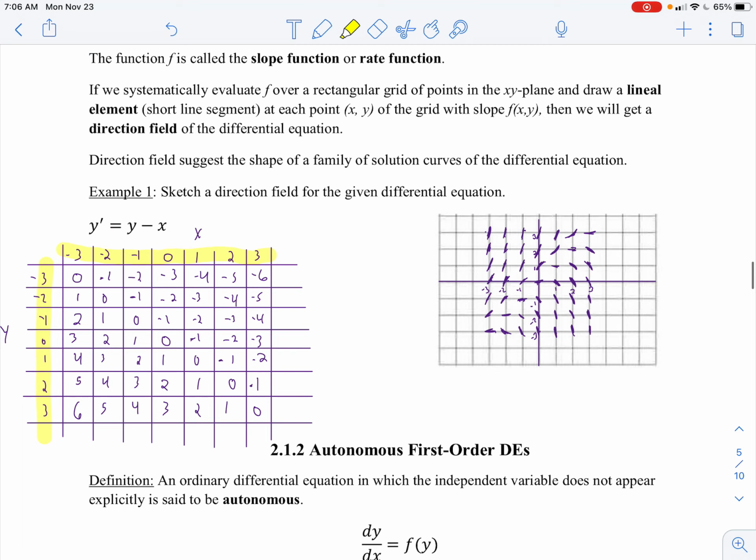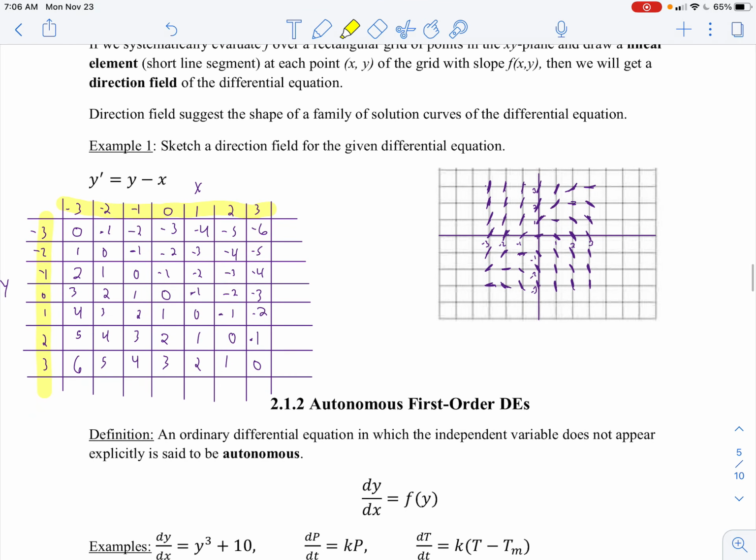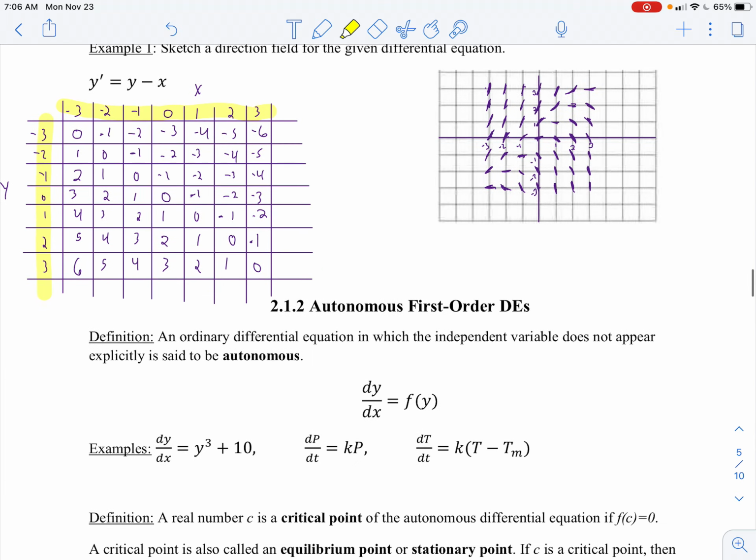You've done direction fields, slope fields before, so this part of the section is not going to be too difficult. Something that's going to be new for you are autonomous first order differential equations. An ordinary differential equation in which the independent variable does not appear explicitly is said to be autonomous.